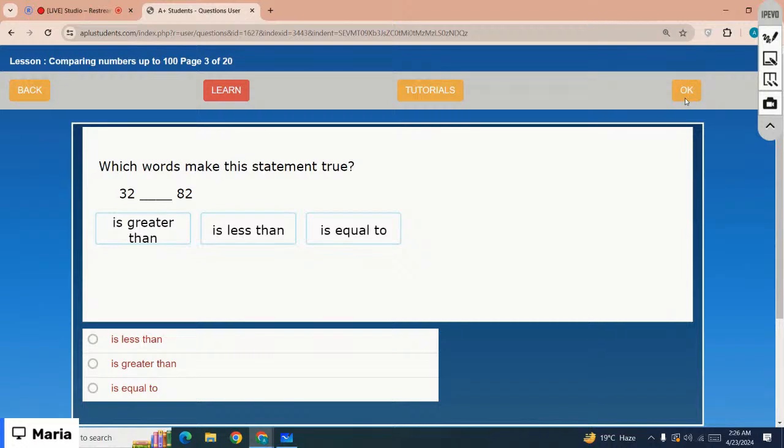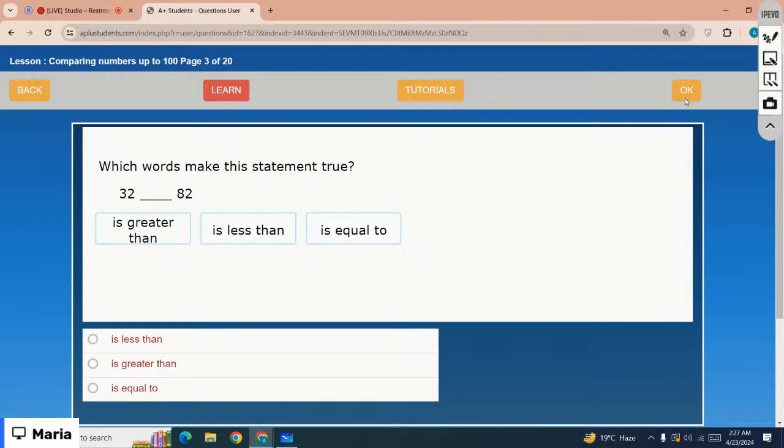Which words make the statement true? 32 and 82. Yes, 32 is less than 82, right?